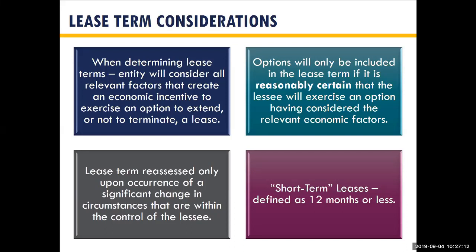At commencement, that could weigh into your decision as reasonably certain, but after that lease has already started, you can't reassess just based on those market factors that are out there. There would have to be another reason for you to reassess the lease before you would take into account that market rate factor.